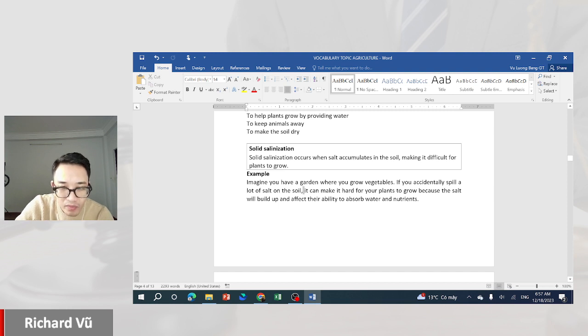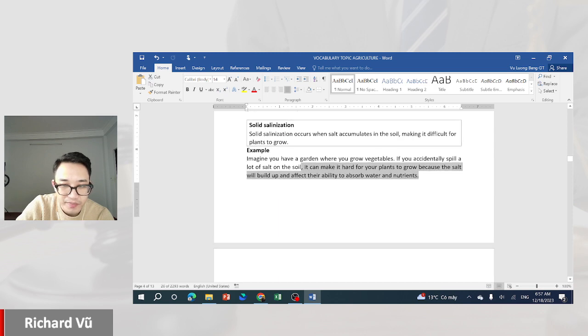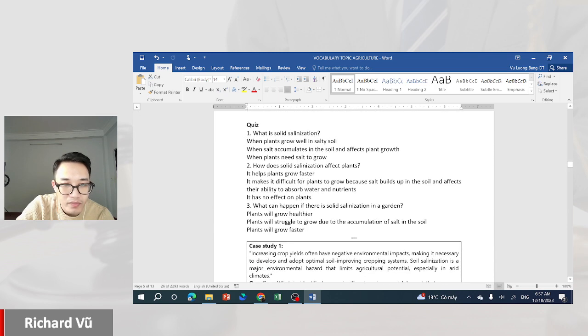So we have an important sentence here. It can make it hard for your plants to grow because the salt will build up and affect the ability to absorb water and nutrients. We don't have the sentence 'it helps plants grow faster' in the salinization meaning.